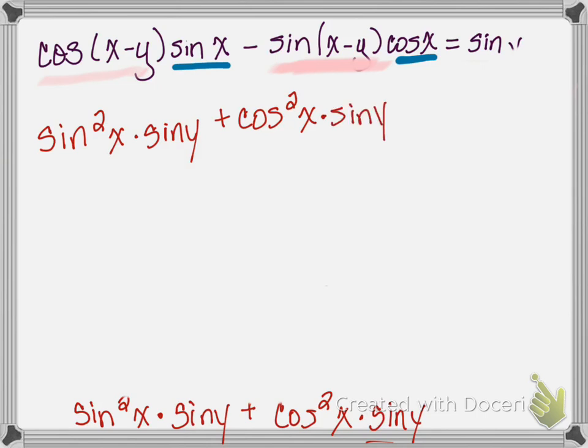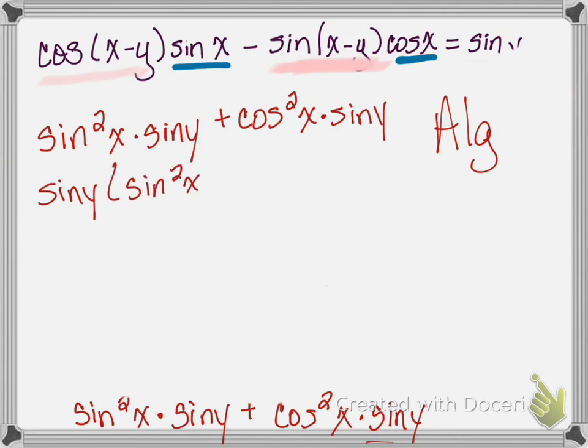Okay, so again, I'm going to do some algebra. I am going to take out a sine of y. Okay, I'm taking that out, and I'm left with sine squared of x plus cosine squared of x. Okay, and that's algebra. All I'm doing right there is algebra.